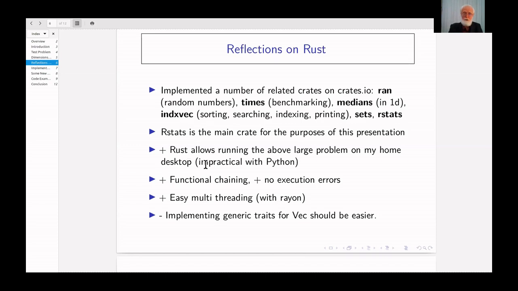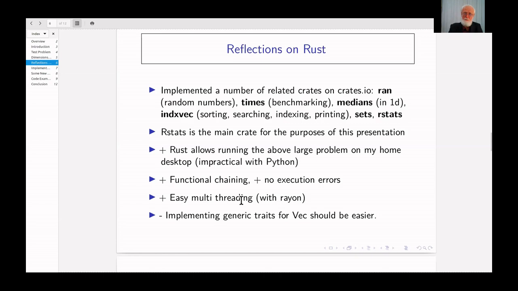So, observations. Rust allows running the above large problem on my home desktop, which would be somewhat impractical with Python. It allows functional chaining, which I like, and in effect no execution errors, which allows concentrating on the conceptual problems, which is much more interesting than errors.